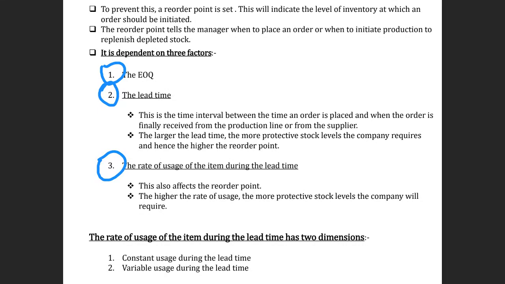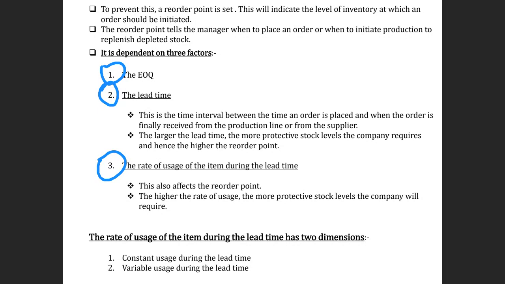It's a whole domino effect because the first person is not able to deliver to the second person, who's not able to deliver to you, and it just continues like that. So those are the types of reasons that a business will hold safety stock.